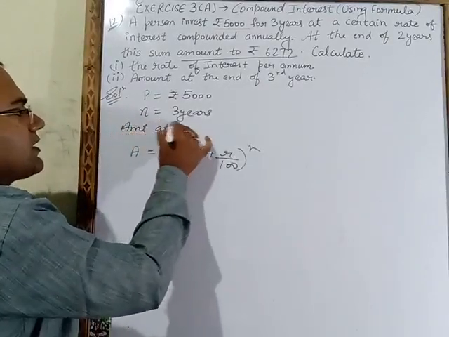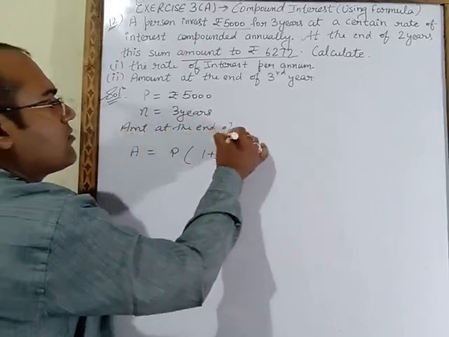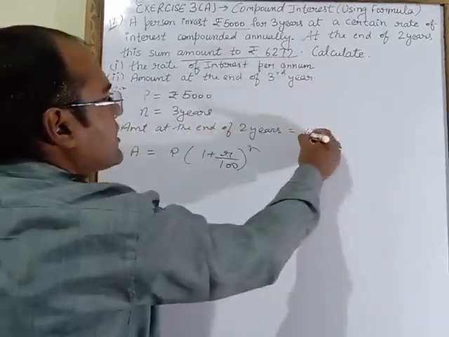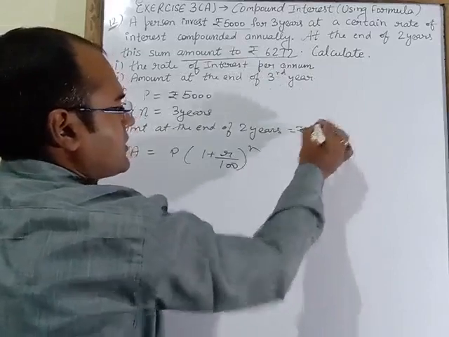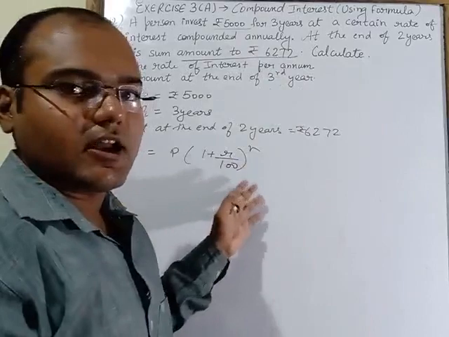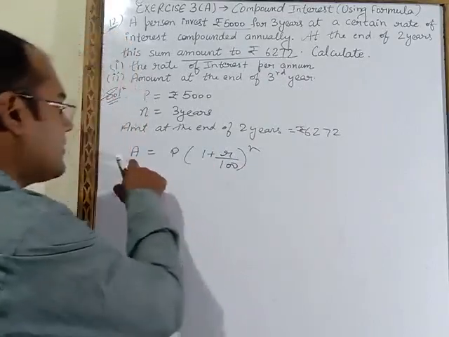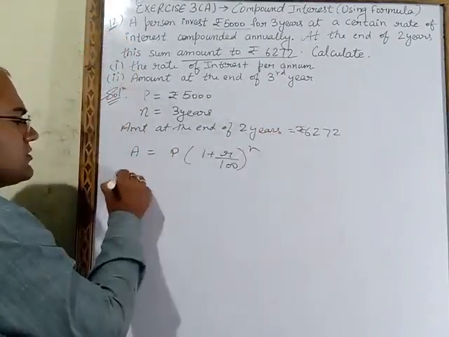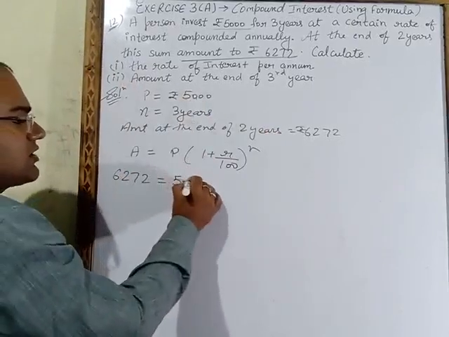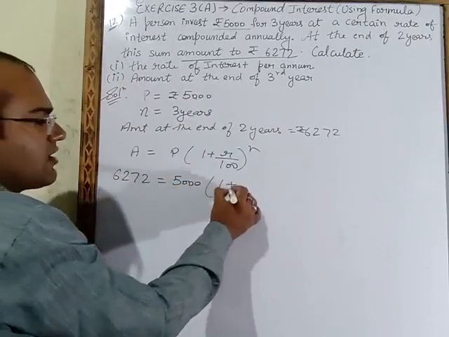Amount at the end of 2 years is equal to 6272 rupees. So amount formula is, amount is equal to P bracket 1 plus R upon 100 power n. And under amount we will put this value, 6272 is equal to principal is 5,000 bracket 1 plus R.